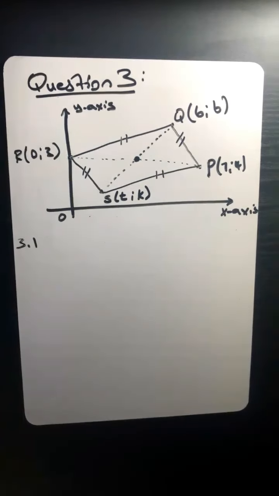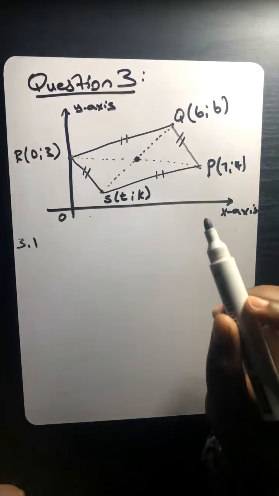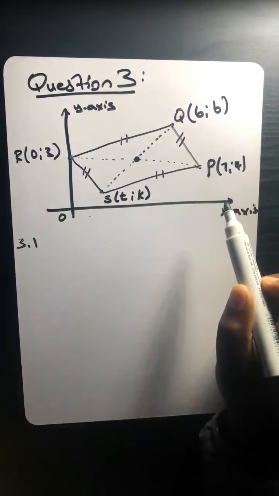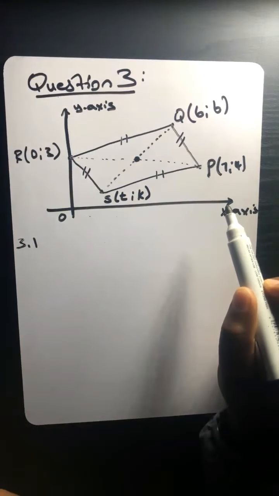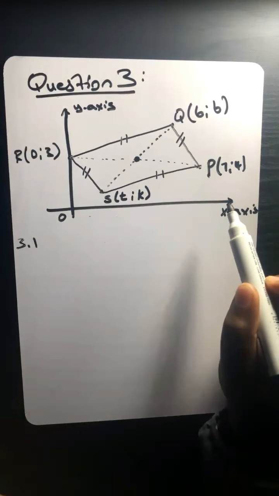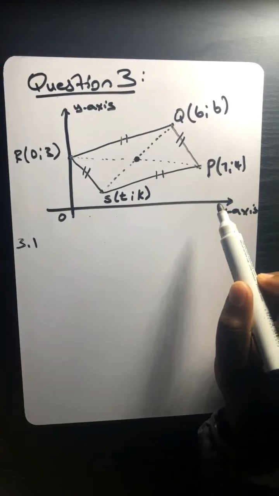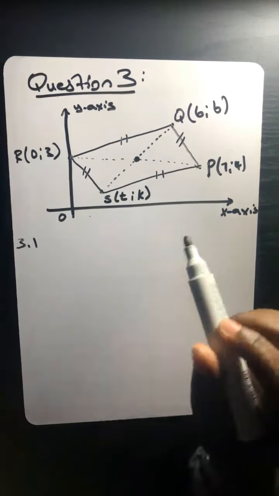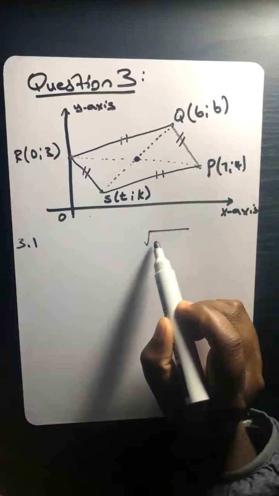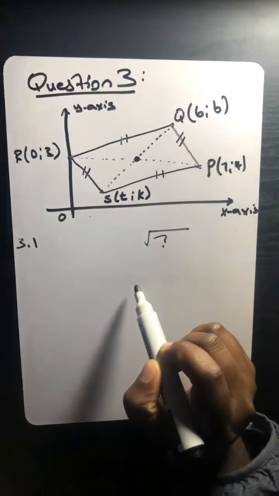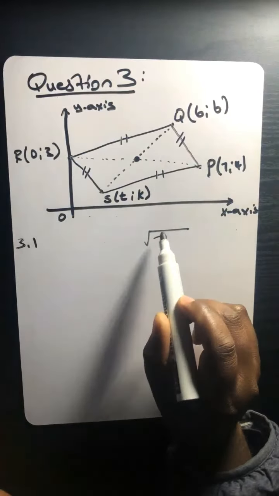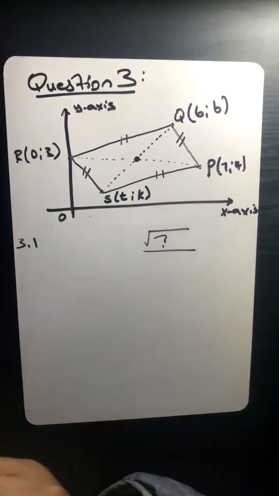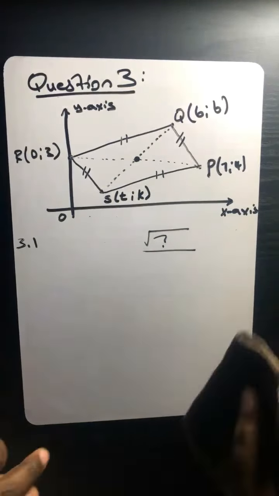Then from there, you should be able to see the question paper that I sent in the group. So calculate the length of PQ, leave your answer in surd form. Very, very important. In yesterday's lesson, we had a similar question where they say, leave your answer in surd form. A surd is a square root of whatever. So the moment you have a square root of something, this is what we call a surd. So it's a surd form.